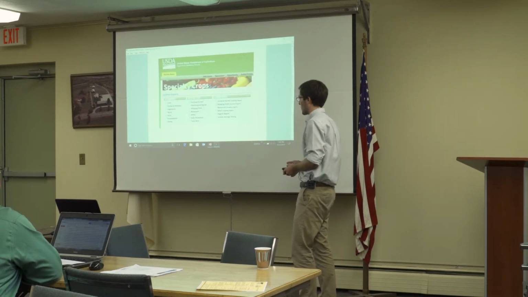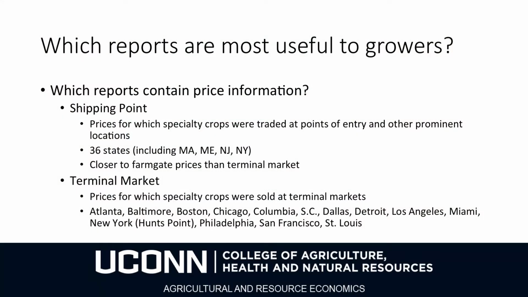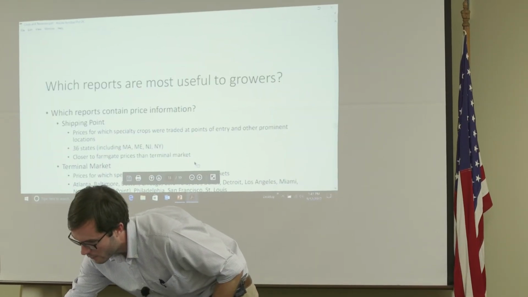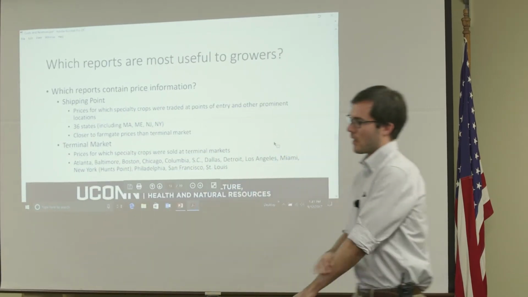So there are 2 reports that are potentially useful for farmers. One is the shipping point data, and the other is the terminal market data. These are the ones that may be potentially useful for farmers because they're the 2 that have information on prices. I'm sorry about the formatting of this PDF. I'm not sure what went wrong when I made the slideshow, but hopefully you can see that now.